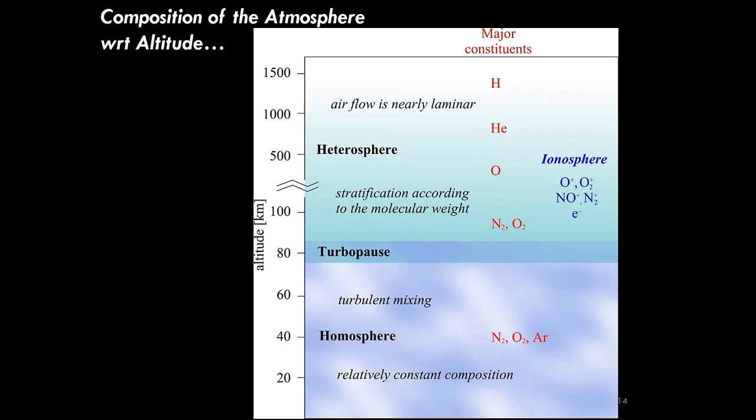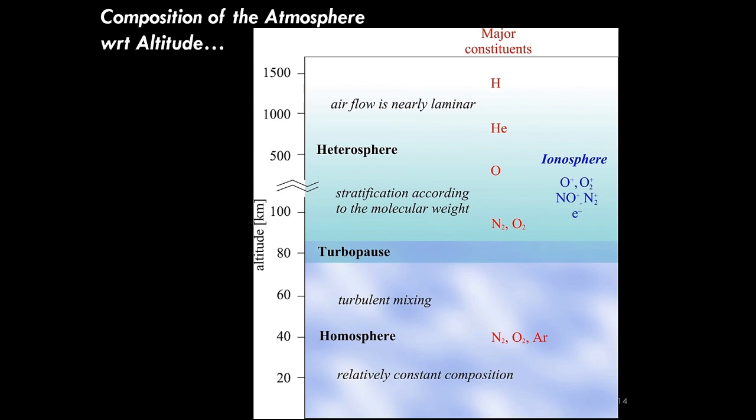Then you reach the heterosphere. The heterosphere is where there is stratification, where heavy gases or gases with larger molecular weights tend to settle at the bottom and lighter gases rise to the top of an initially uniform air mixture.